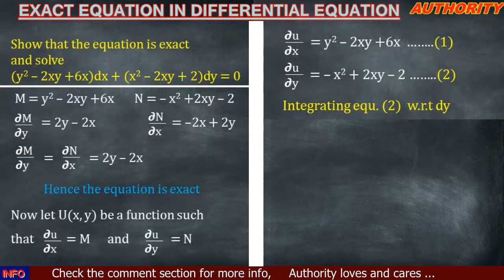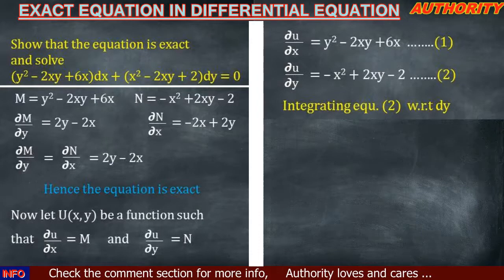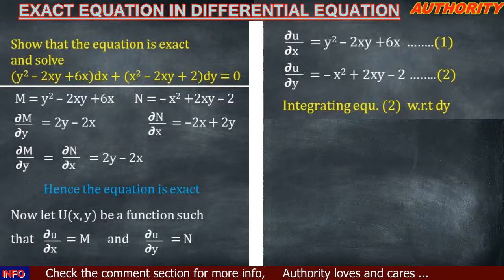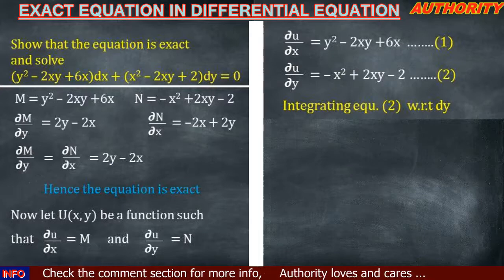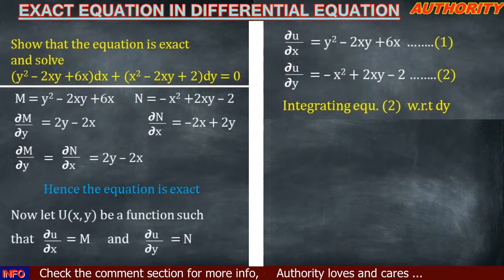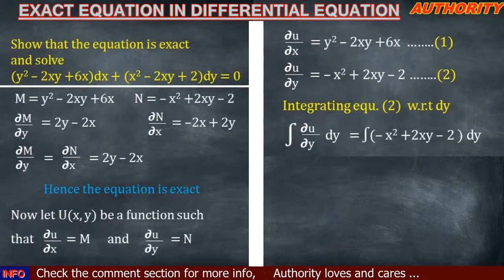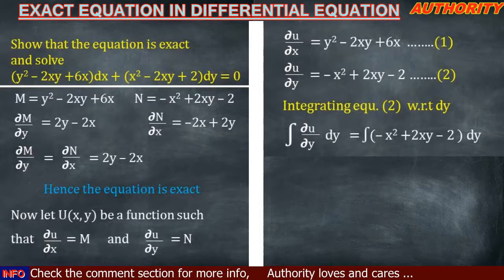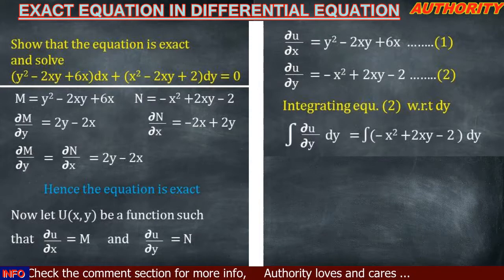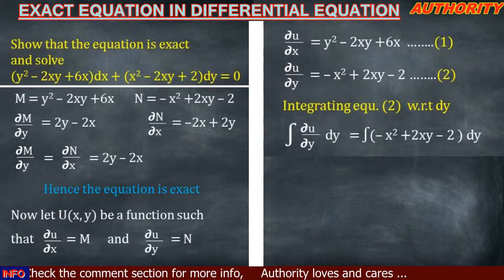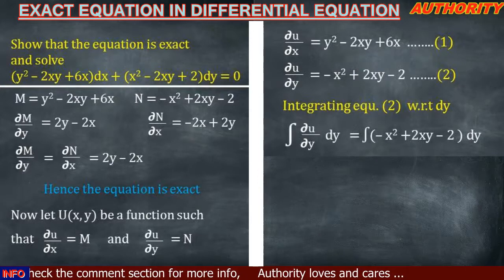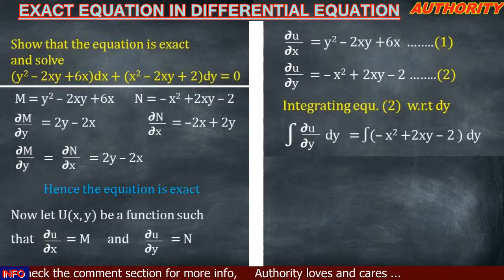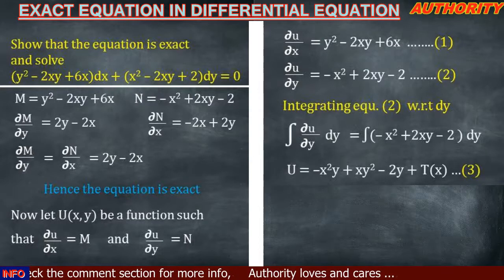All right, good. That means we integrate this equation 2 with respect to dy, right? So we're going to have the integral of both sides. The integral of the partial derivative of u with respect to y dy equal to the integral of minus x squared plus 2xy minus 2 dy. When we integrate the left hand side, it's going to give us u.